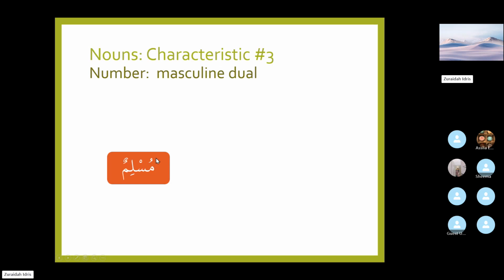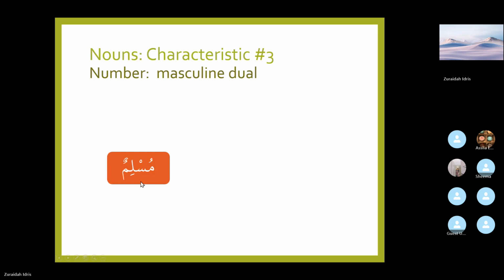For example, this is kasra, and sometimes there are two of this kasra, then we call it kasratain. Look at the way I'm saying tain, and then what we said just now was muslimani. We will see this in a while.